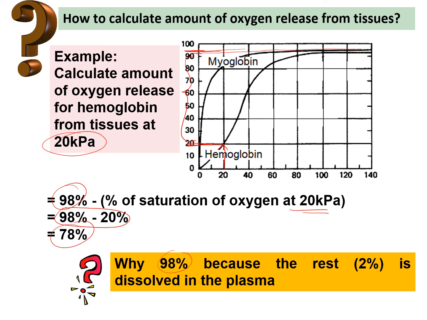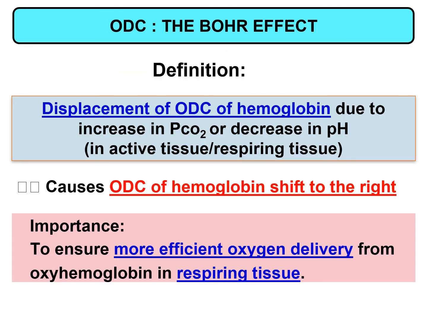Why 98%? Because the rest of the 2% is dissolved in the plasma. We are considering that not all of the oxygen are bound to the myoglobin. The hemoglobin.